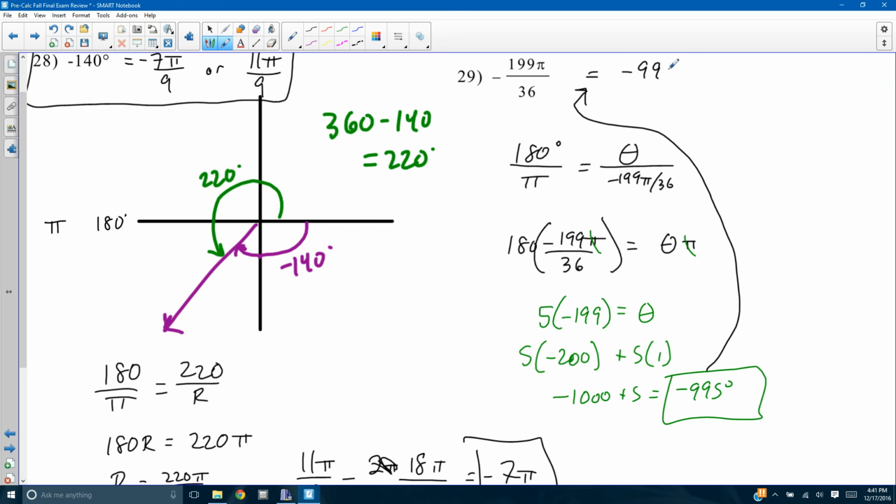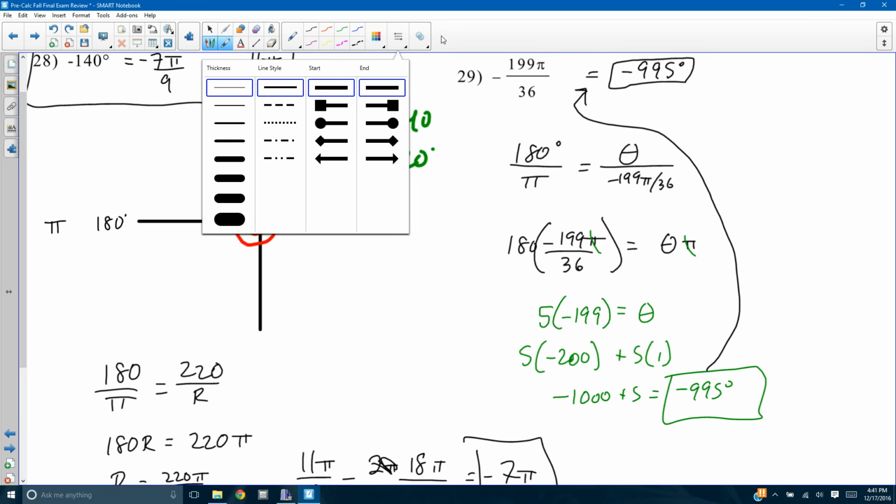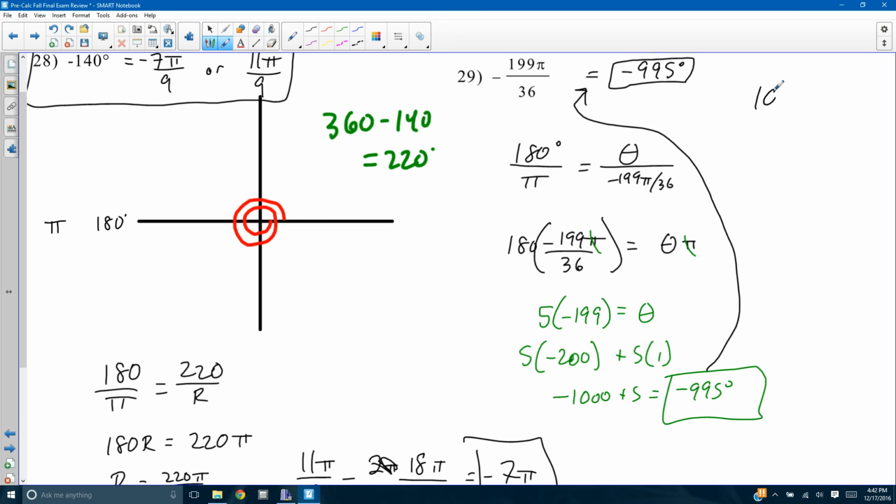Let's start by figuring out how many times this goes around a circle. Okay, so let's check it out. I'm going to go back to here. I have negative 995 degrees, so I'm going a full 360 in the clockwise direction, 720, and if I want another full circle, I'd be going 1080. Now 1080 is more than 995. How much more? Well, 85 degrees more.